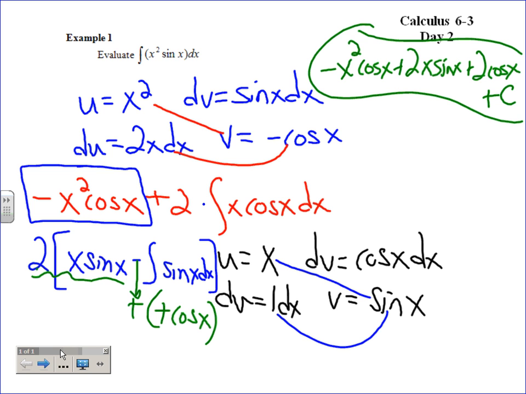So you can see, just imagine if this hadn't turned to a plus 2 here, and you had to distribute the negative. Well, that would have just thrown another negative in the problem. I know, just looking at it right now, it's very hard to believe that what I have circled in green, if you were to take the derivative, you would get x squared sine of x.